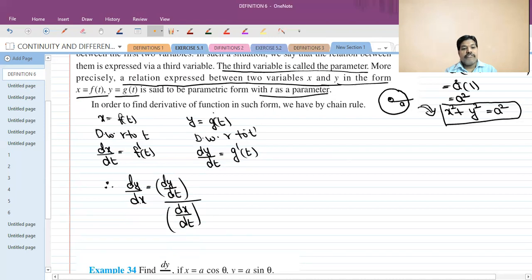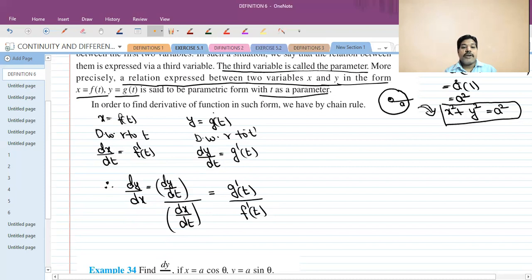So dy by dx you can write as dy by dt and dx by dt, the numerator and denominator divided by dt. Are you understanding that? So dy by dx is dy by dt divided by dx by dt. Here dy by dt is g dash of t and dx by dt is f dash of t.